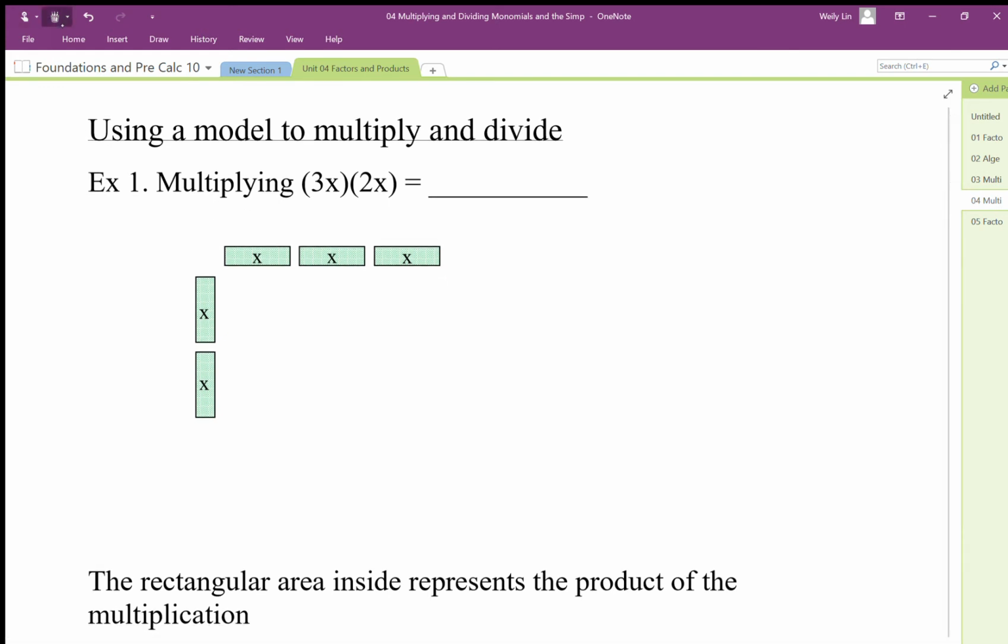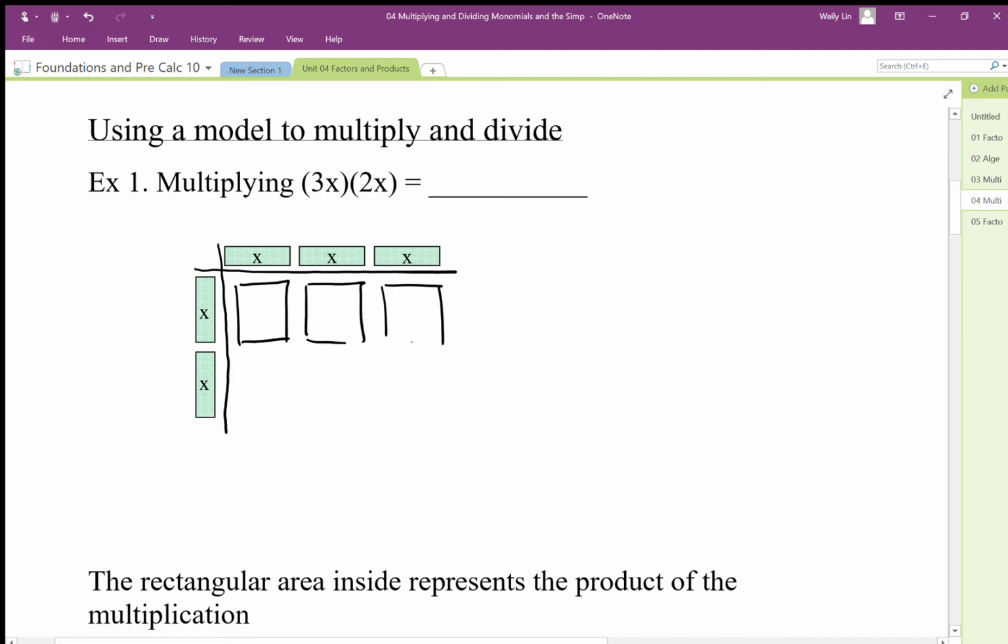Well, if we take a look at 3x times 2x, and we use our model, and our model is always going to be area when we have multiplying two things together. So there's my length and width, and my area is going to be, we have these squares are then going to represent the areas of x squared.